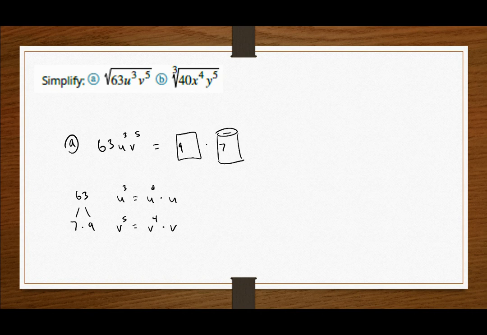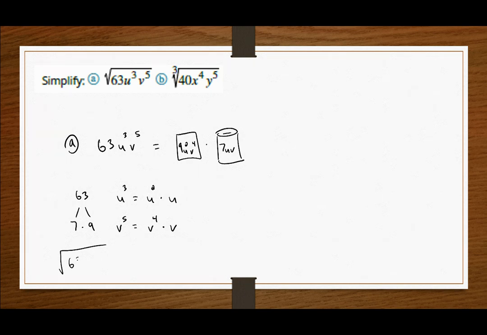Notice that I don't need the index and the exponents to match to make a perfect square or perfect cube. I just need them to be divisible by that number. So we leave u squared and v to the 4th in our perfect square box and throw away at least one of each. So now when I finally find the square root, again, we split this up into two parts.